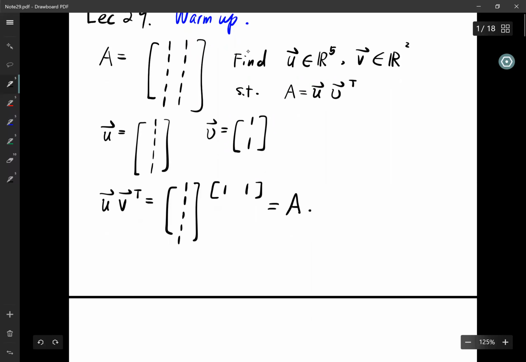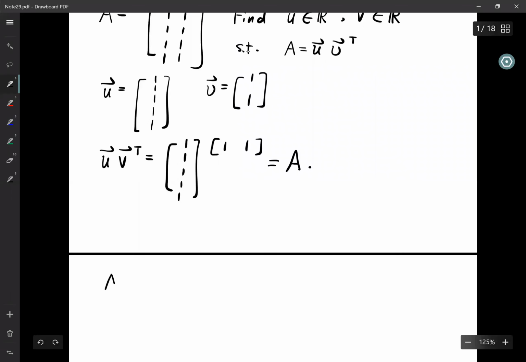First of all, I can generalize the principle to any m by n matrix. So A is an m by n matrix.